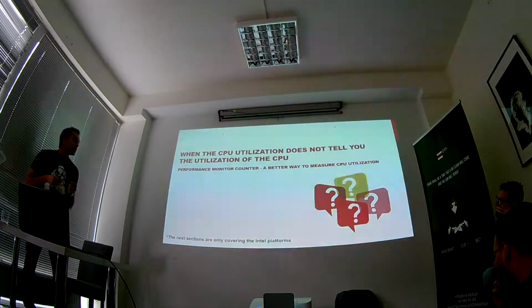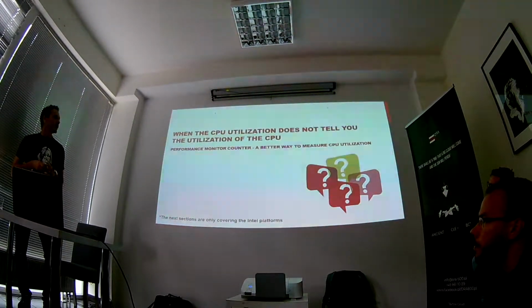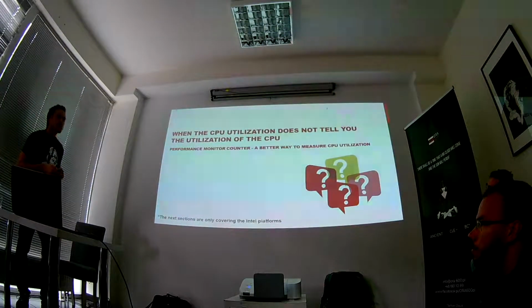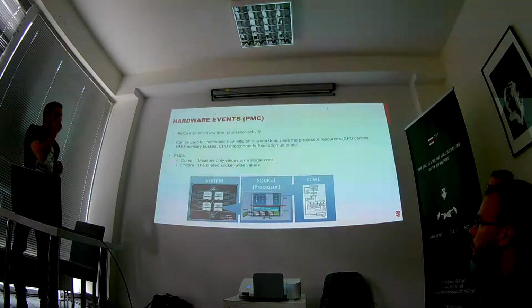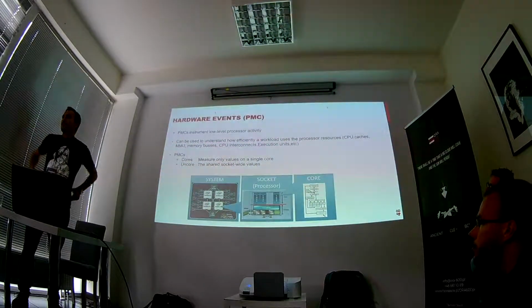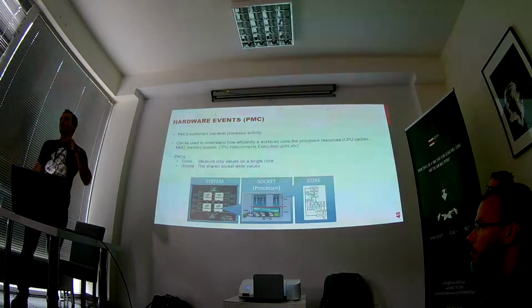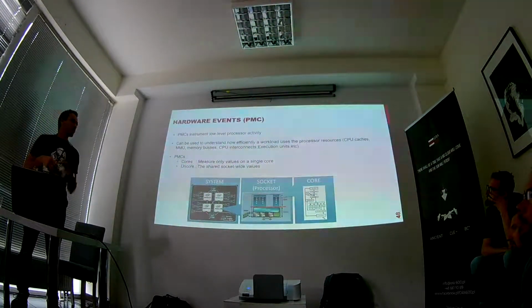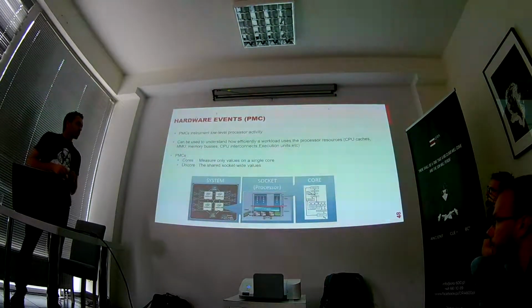To answer this question, we need to take a look at another type of event, also known as hardware event or performance monitor counter event. This is basically an instrumentation of low-level CPU activity. It allows us, for example, to count how many level 1 cache misses, level 2 cache misses, or instructions retired occur in our processor.